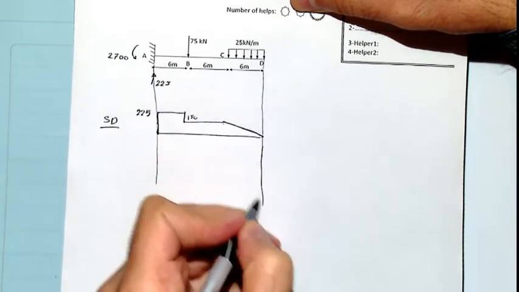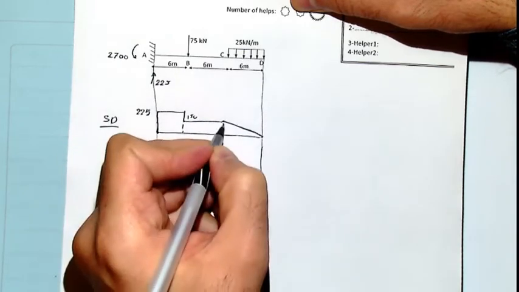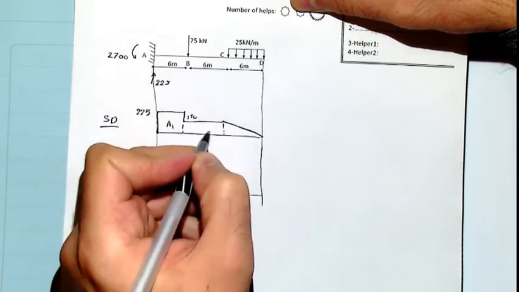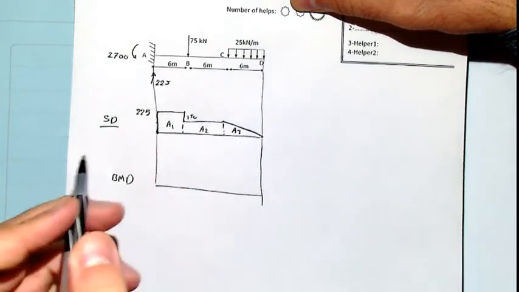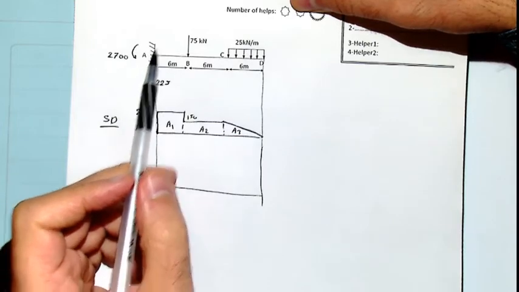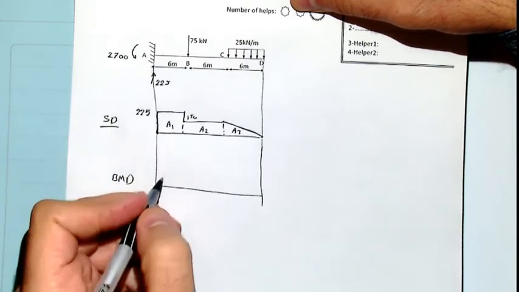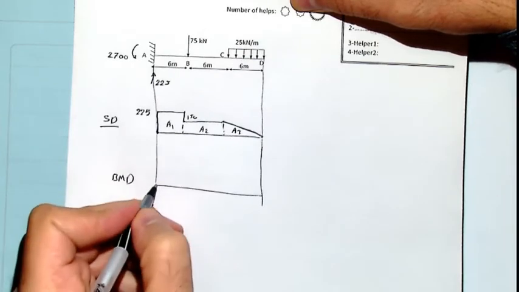Now for calculation of bending moment diagram, we have to calculate the area for each one. And don't forget, we again have concentrated moment from the reaction point A. So because it's counterclockwise, it's minus.